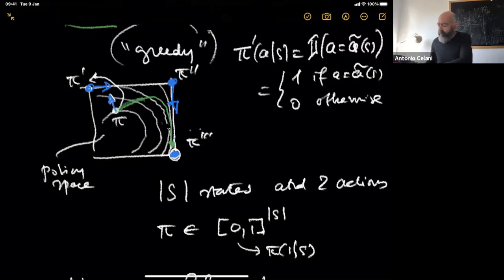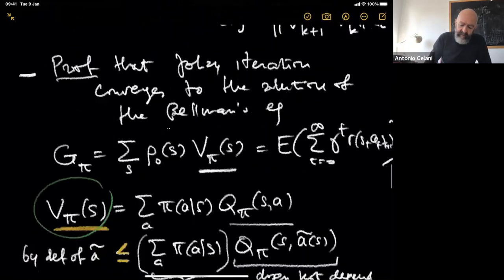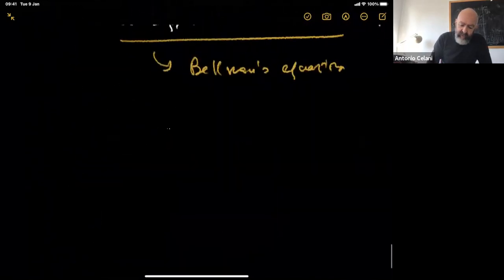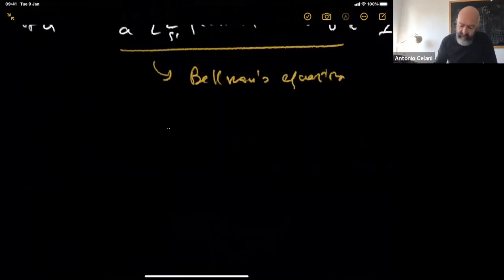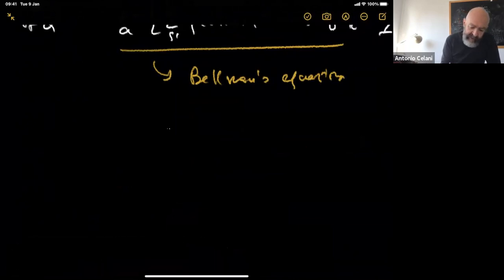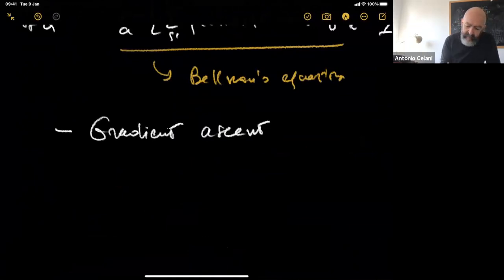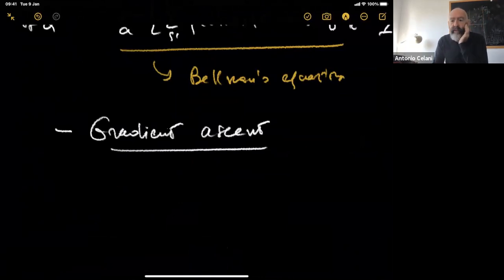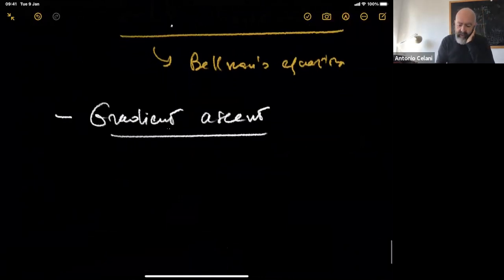So the basic idea is to move to different kinds of algorithms, inspired by gradient ascent. Intuitively, how does gradient ascent work?